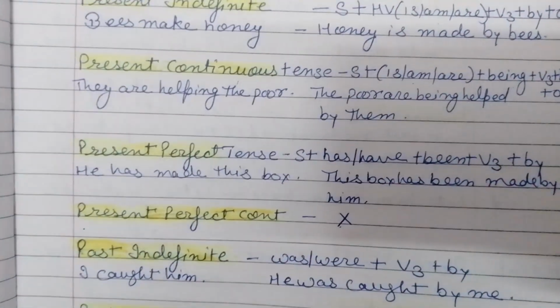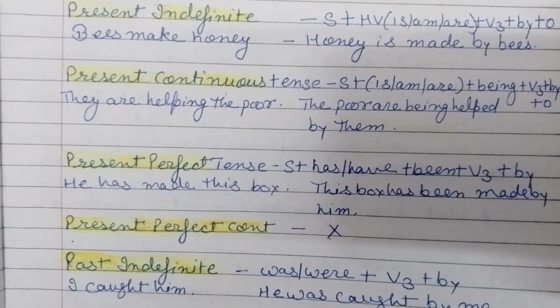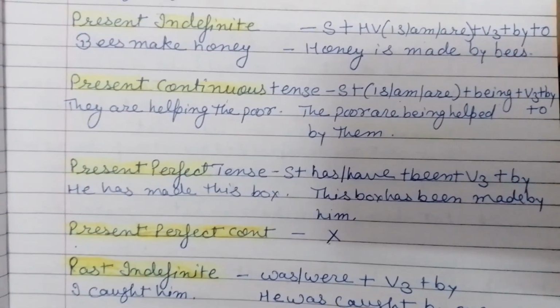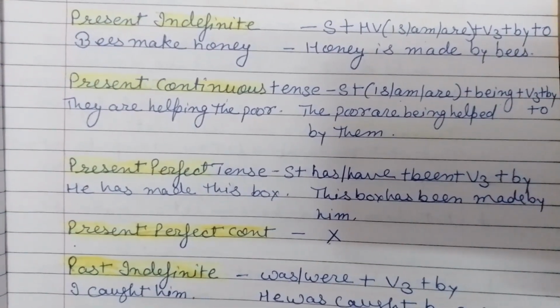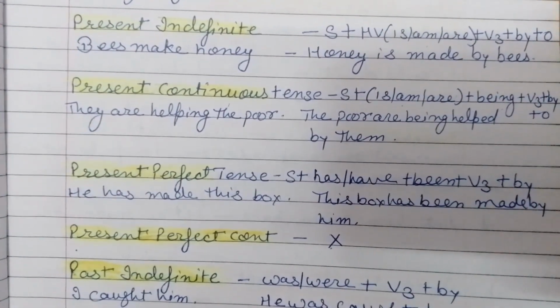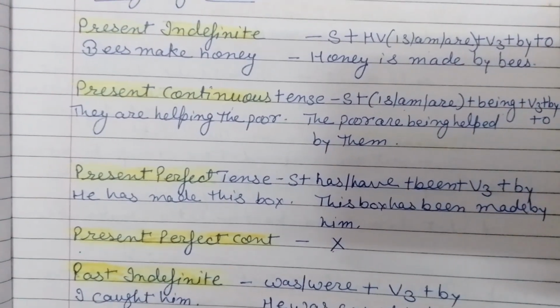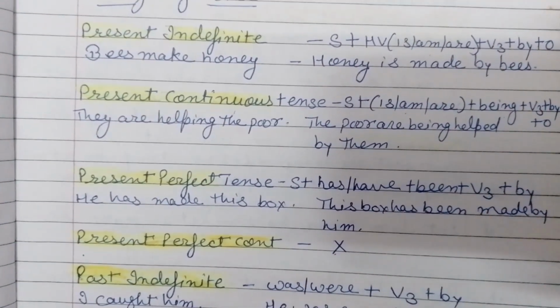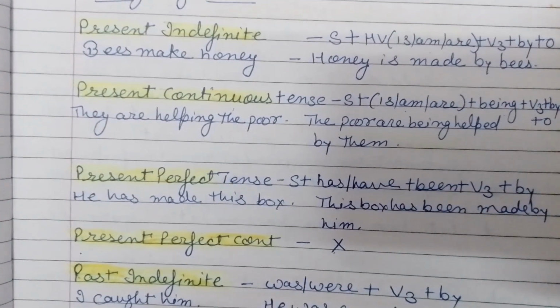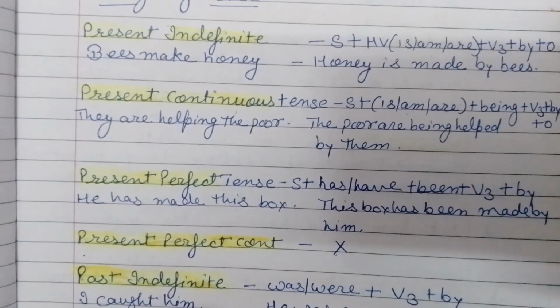Then we have present continuous tense. They are helping the poor. Let us change it. Children, keep this thing in mind that whenever you are using continuous tense, we will always use the word being instead of verb plus ing.